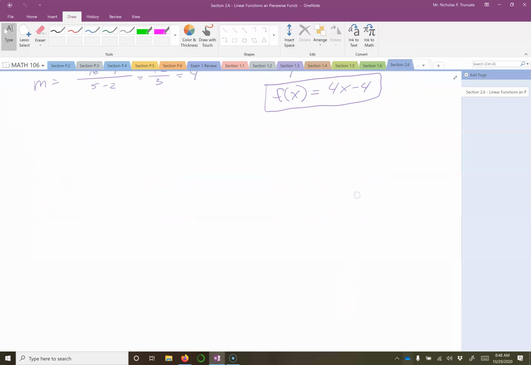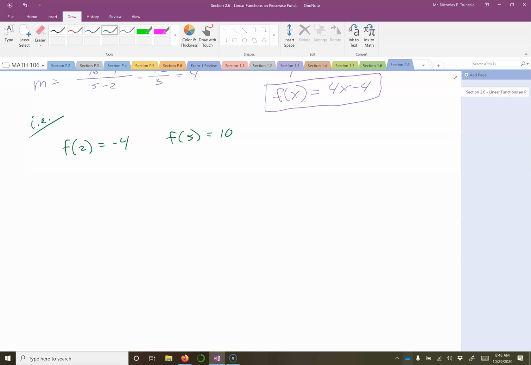Let's say I gave you f of 2 is negative 4 and f of 5 is 10. So what does this mean? Well, this is going to allow you to get 2 points.